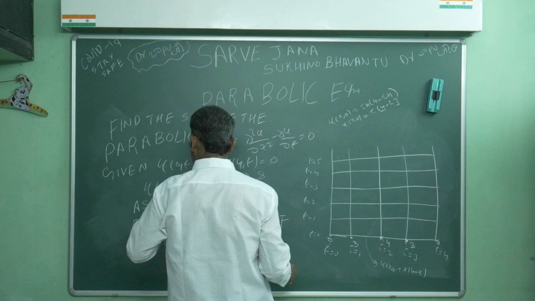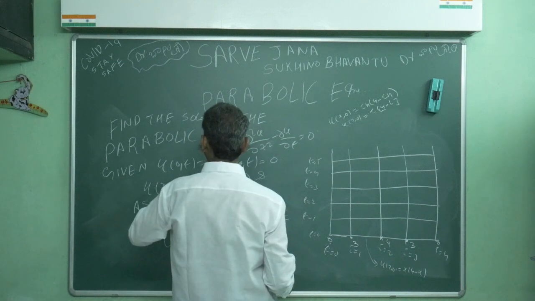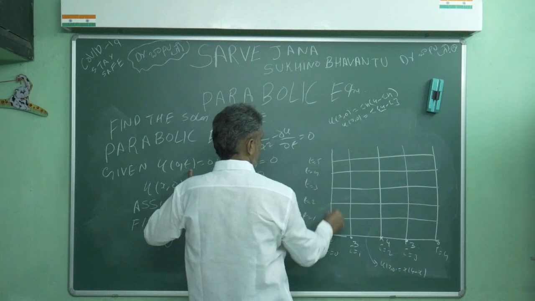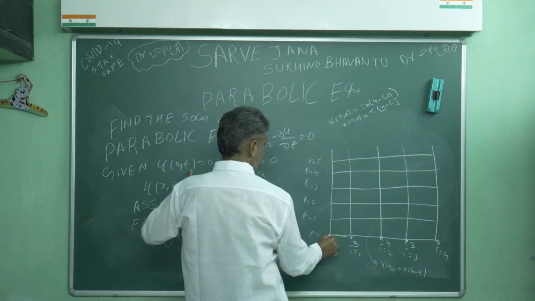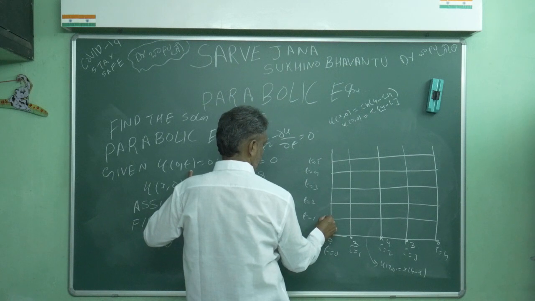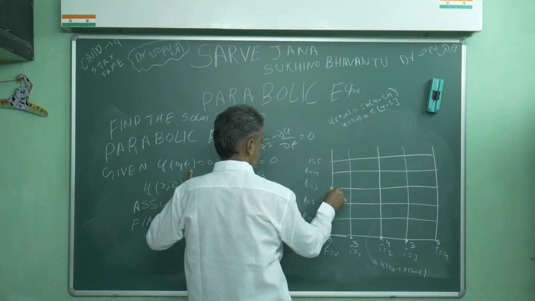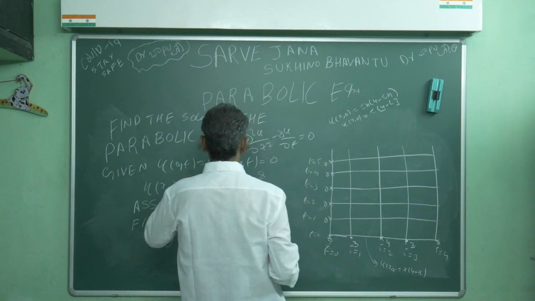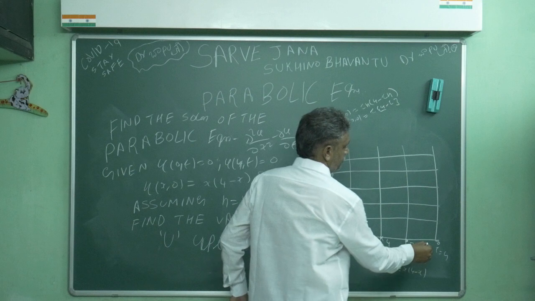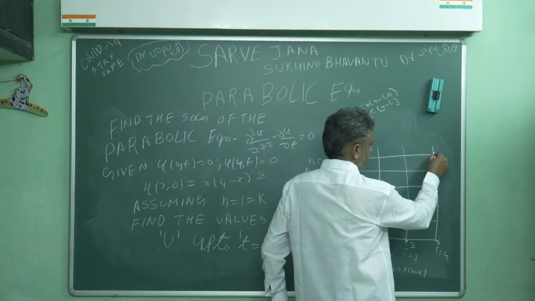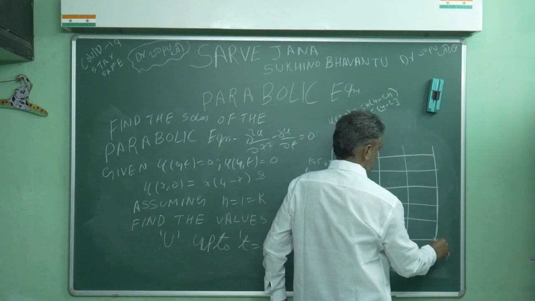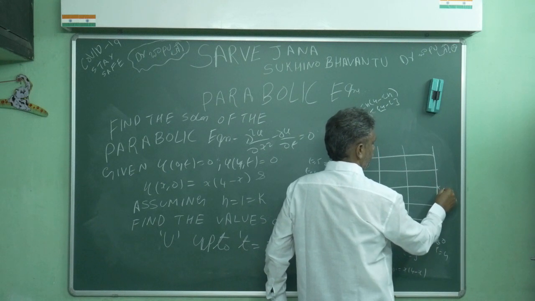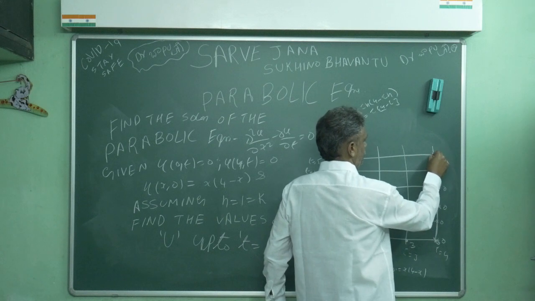But what is given in this condition? u(0, t): on the t-axis, x is equal to 0, and all these values are 0. u(4, t): x is equal to 4, for different values of t, this is fully 0, all these values are 0.